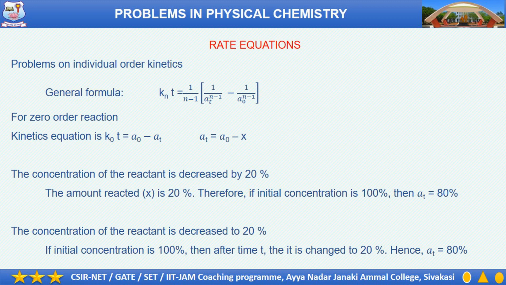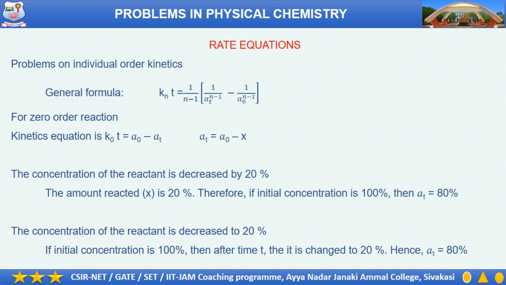First of all, you should know the relationship between them, or use the standard kinetic equation: 1 by n minus 1, into 1 by a t power n minus 1, minus 1 by a naught power n minus 1. This equation you should know, from which the possible relationship equations for the zero order follow.